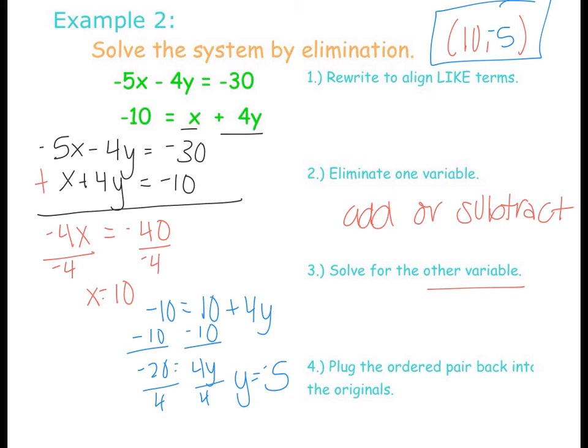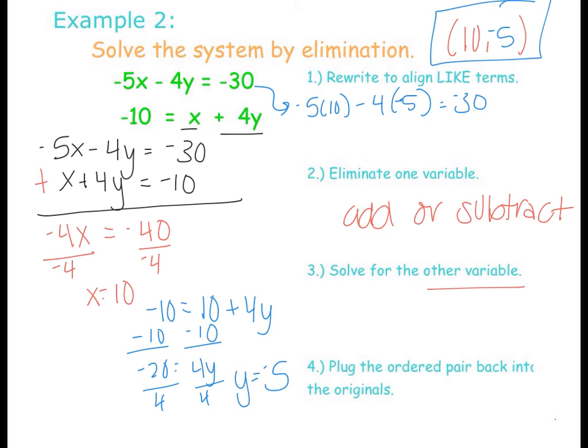We can check that. Let's plug that into this top equation and see if it works. Negative 5 times 10 plus, oh, that's not a plus, let's make that a minus instead, minus 4 times y is negative 5, equals negative 30. Now let's check our math and see if that's right.